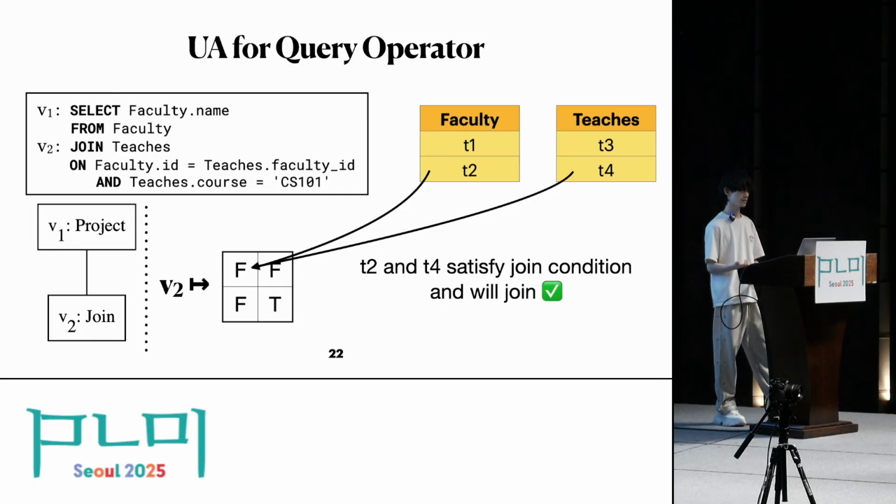In this case, most pairs are marked F, while the value for the pair of T2 and T4 is T, meaning that this under-approximation tracks the behavior where only the pair of T2 and T4 satisfies the join condition and will be preserved in the output. Essentially, this under-approximation represents one possible way that the join operator can behave, focusing on a smaller subset of all possible inputs.